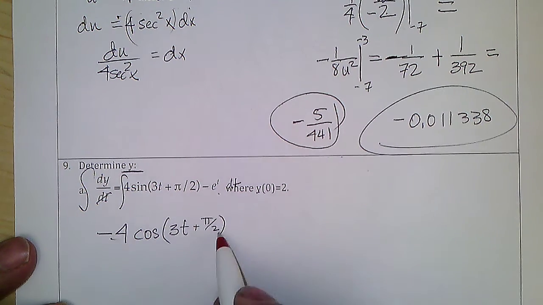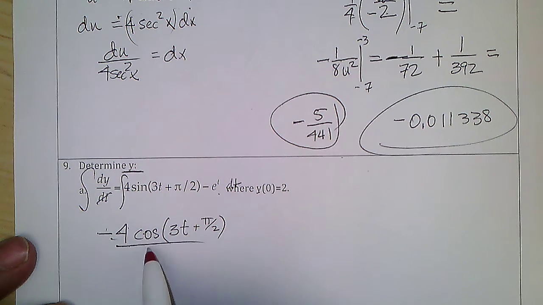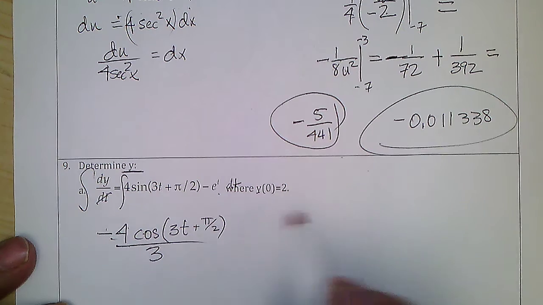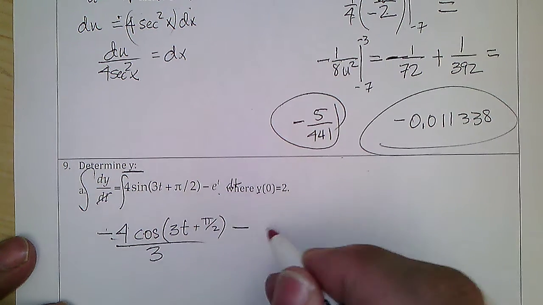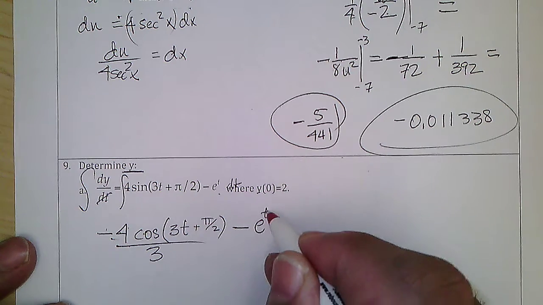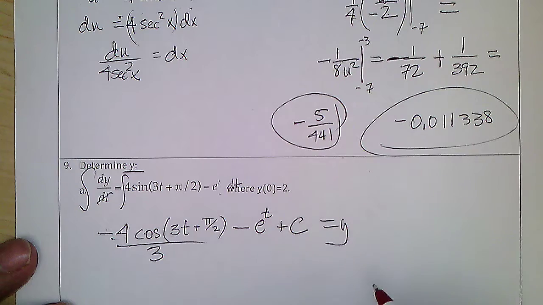But if I took the derivative of this, that would be sine. So we'd have 4 times sine, the minus would be gone, and the derivative of that would create a 3 in the numerator, and there isn't one, so we have to divide by 3 because of that 3 there. Minus and integrate e to the t is e to the t. Plus some constant is what y has got to be.